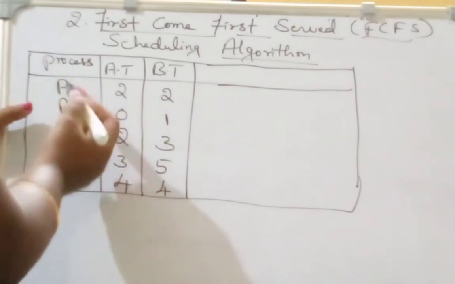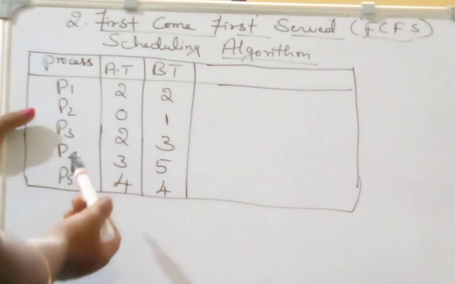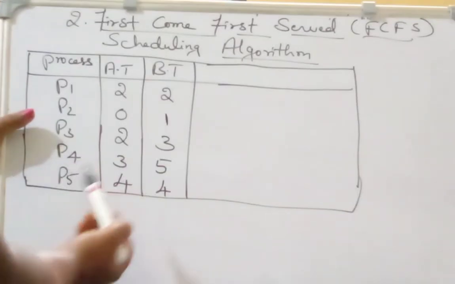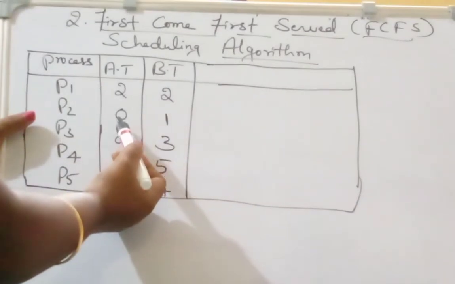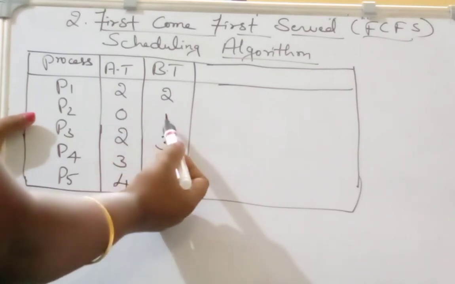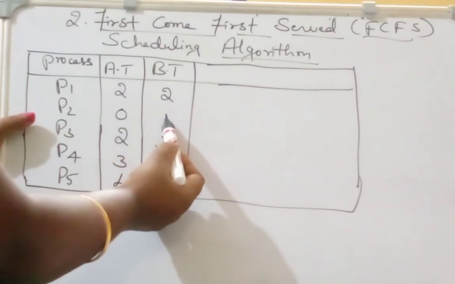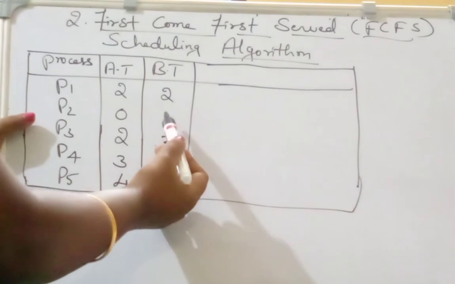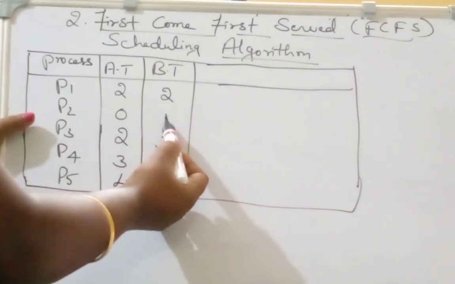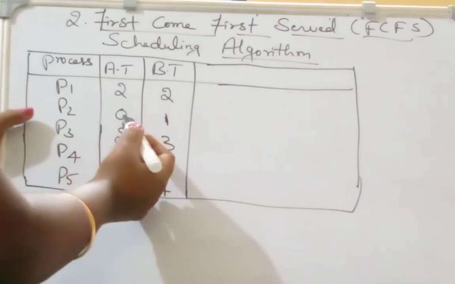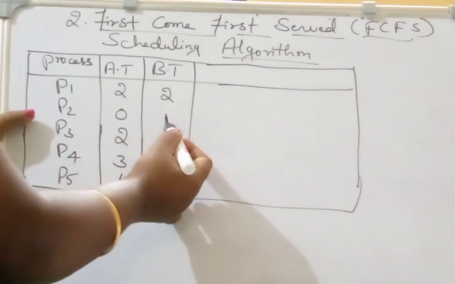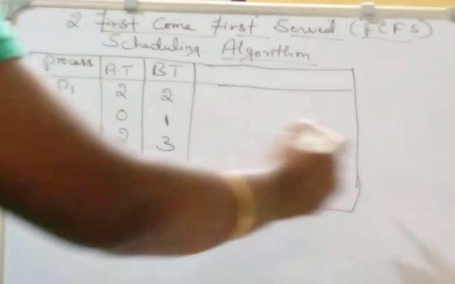Now if you observe, we have 5 different processes in the system in the ready queue, and at time interval 0 we had only one process. See the burst times here, guys. For P2 the burst time given is 1 millisecond. At time interval 0, we had only one process, that is P2.